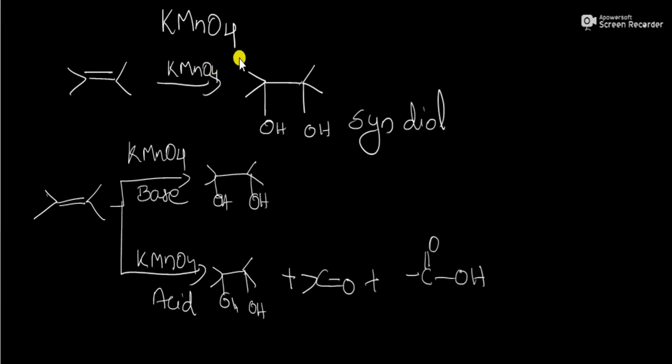Another reagent used for this oxidation is KMnO4. Olefin in the presence of KMnO4 is converted into syn diol, just like our osmium tetroxide. Then what are the limitations of KMnO4 oxidation? We know that KMnO4 is soluble in water, but the majority of olefins are soluble in organic solvents.